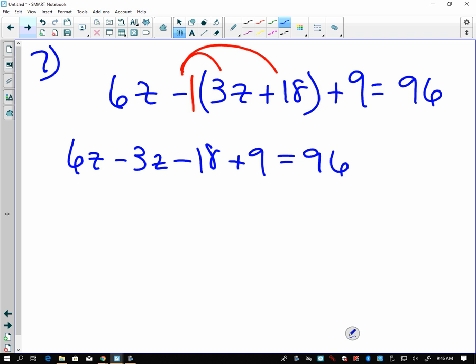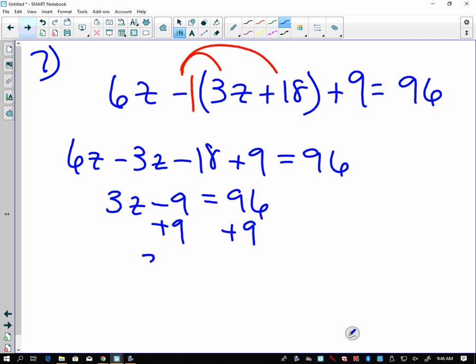Okay. Now what? Okay, combine like terms. Okay, 6z minus 3z is 3z. Okay, -18 plus 9. -9, good. -9 equals 96. Okay, from here, I mean, it should just kind of roll, right? Add 9 to both sides.